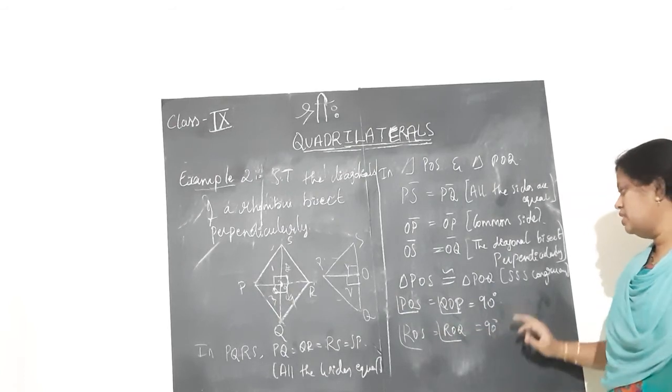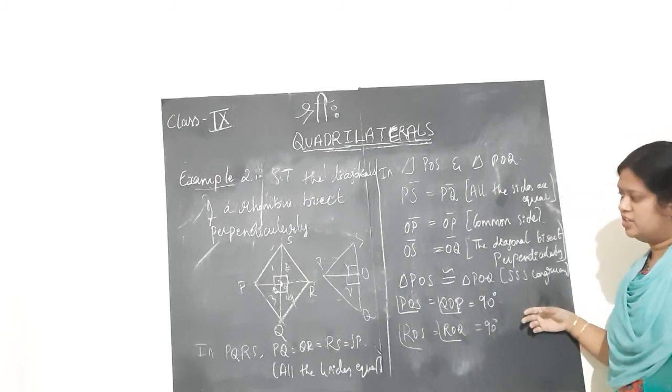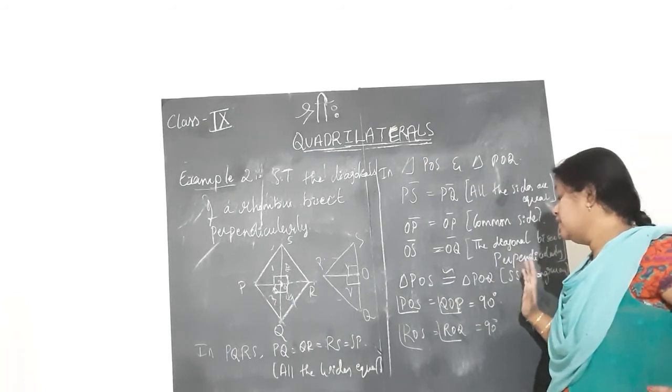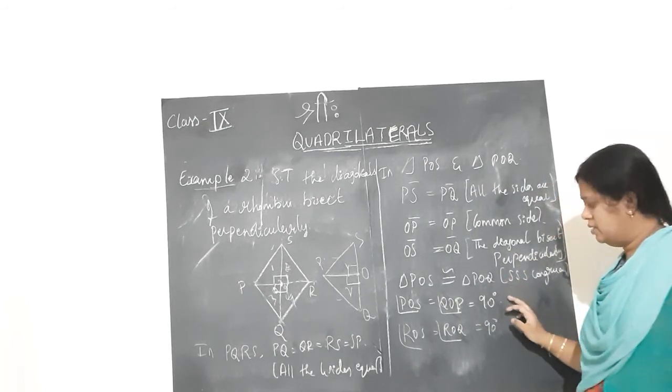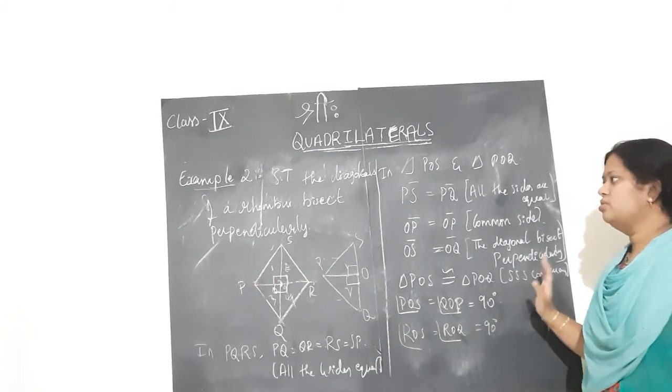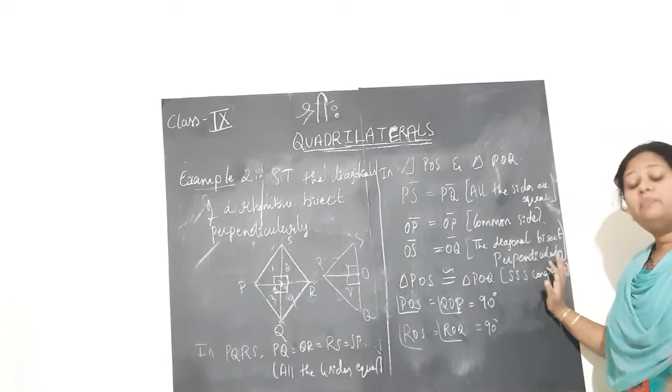Thus we prove that the diagonals bisect perpendicularly by showing that angle O is clearly 90 degrees. That's all, children. So this is about the example problem.